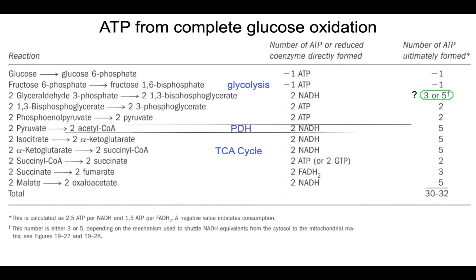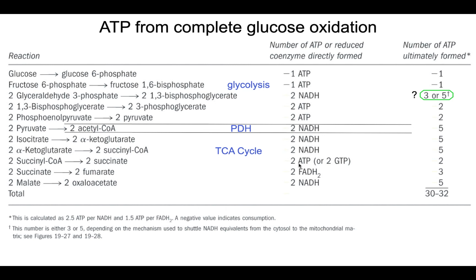And so now we can finish off our complete tally of the oxidation of glucose from glucose to 6CO2. And as we go through, we can see, okay, we're minus 1 ATP here, minus 1 ATP here, and then we're at 2 plus in glycolysis. So there's our net 2 from substrate level phosphorylation from glycolysis.